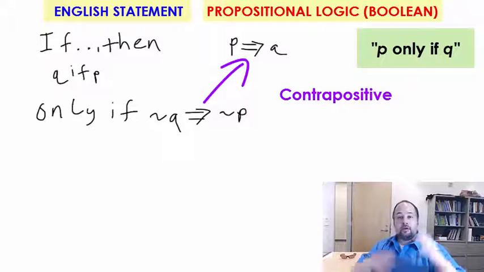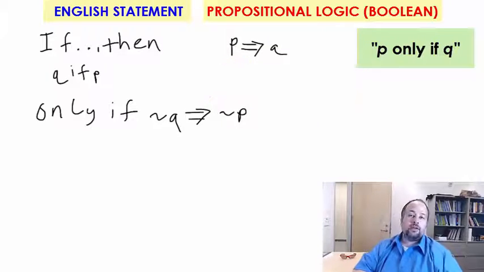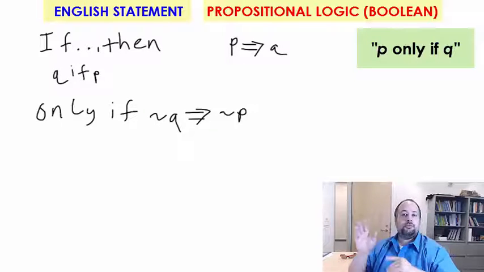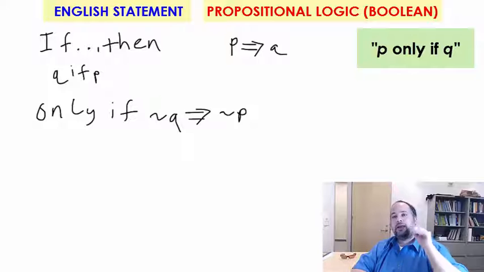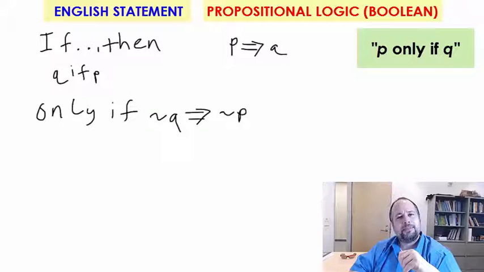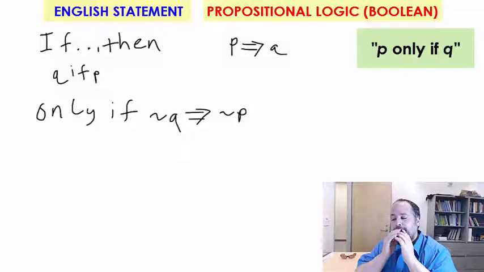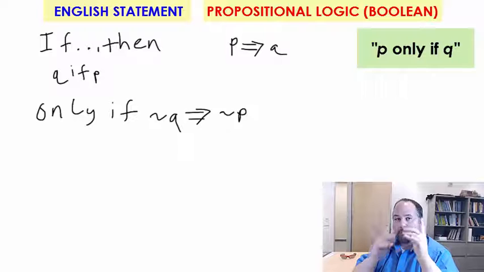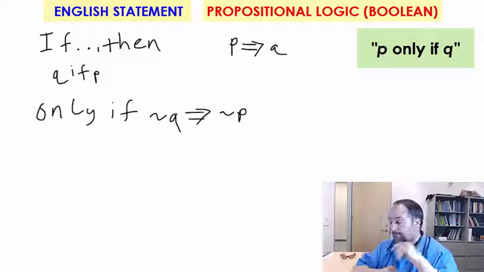They're logically equivalent. So only if is another common way of saying it, even though we don't say it that way. And like I said, for many of these statements, there are multiple ways to interpret them, and that's okay. There's more than one right way to interpret them.